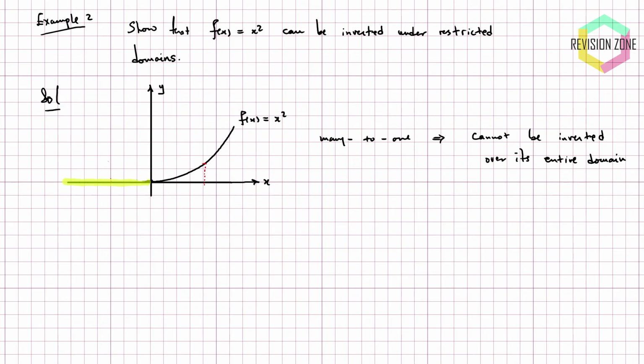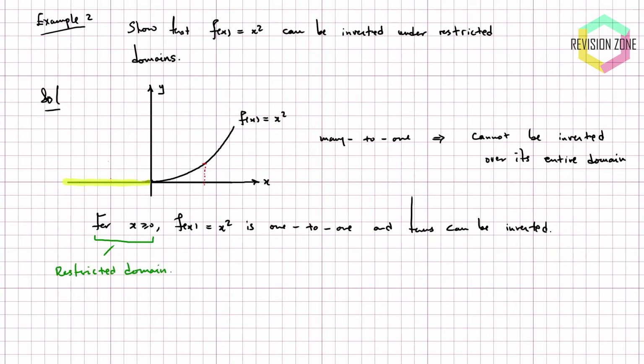So for x bigger than or equal to 0, f of x equals x squared is 1 to 1 and thus can be inverted. So this is our restricted domain.